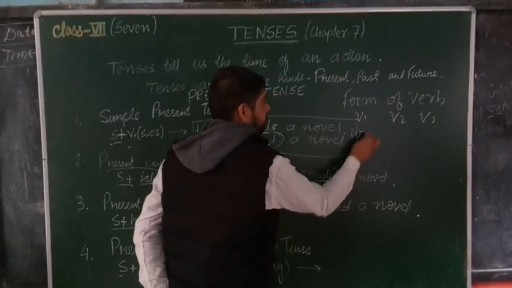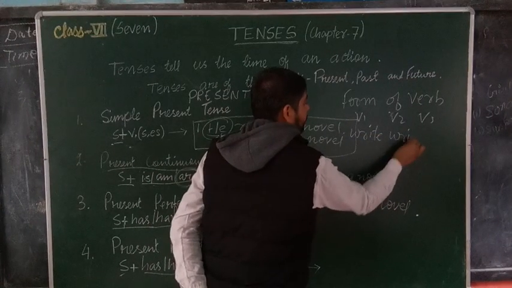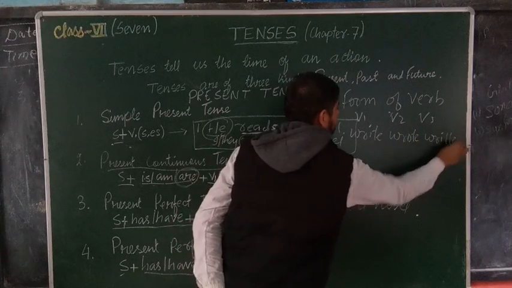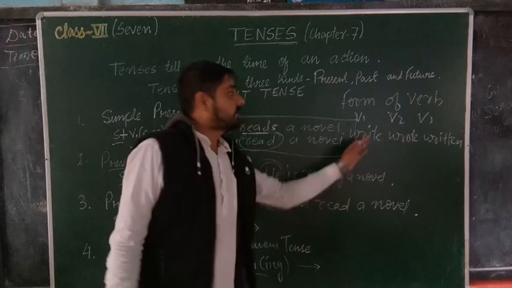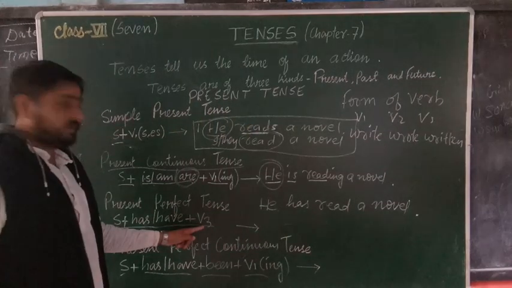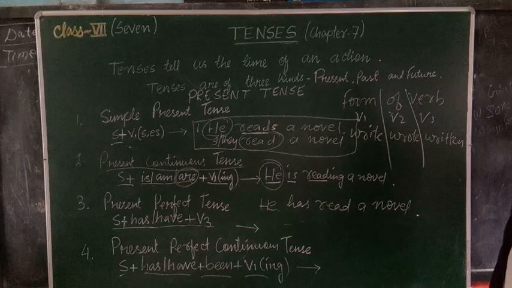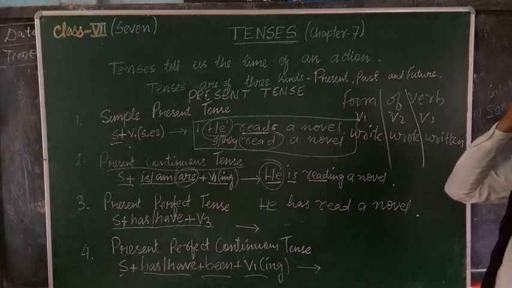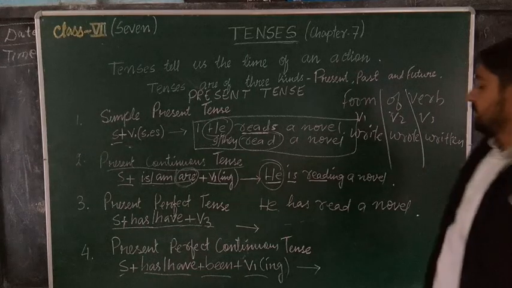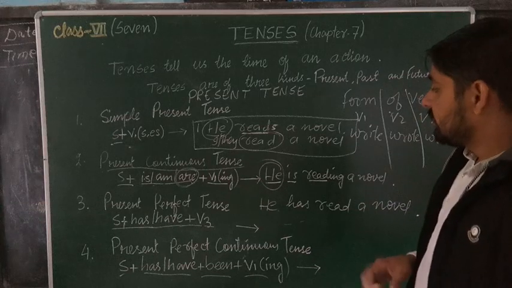If I write, then V2 wrote, V3 written. So this is called the forms of verb. V3 means this form of verb I have written here. I already taught you this in the previous class. I hope you know this, that's why I will not explain it again to you.